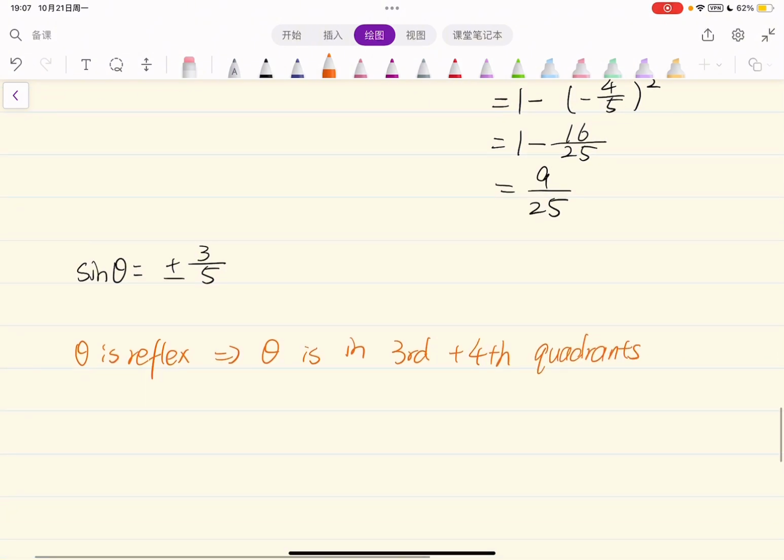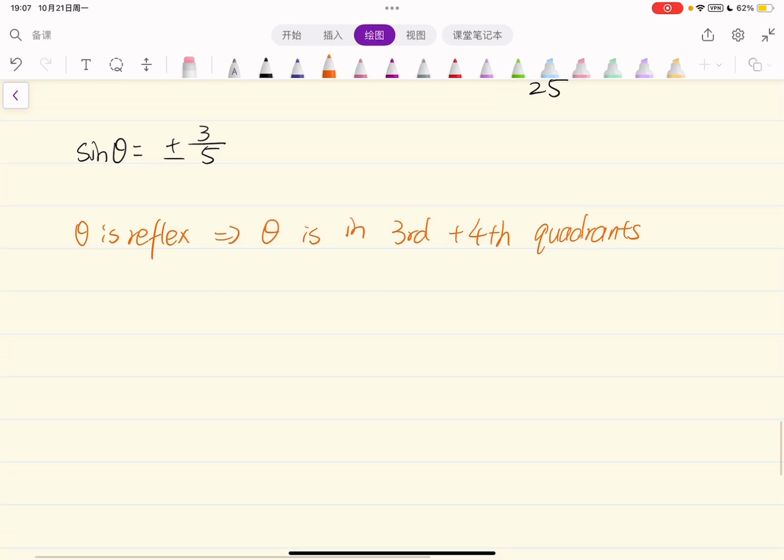And let us see the CAST diagram. CAST. So in the third and in the fourth quadrant.